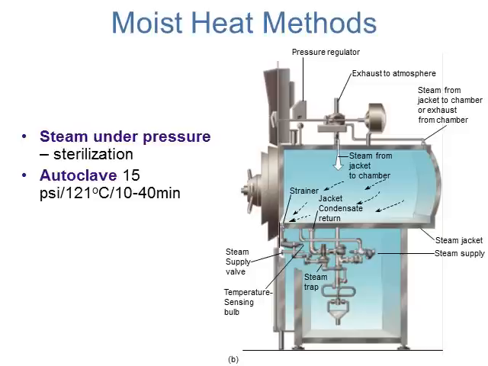An autoclave goes up to 15 pounds per square inch, so you have pressure, and 121 degrees Celsius, so you have heat. That pressure is produced by steam, so you have to add water in there. Depending on what you're autoclaving, it can go anywhere from 10 to 40 minutes. So you have a set temperature, and you can change the time for the autoclave.